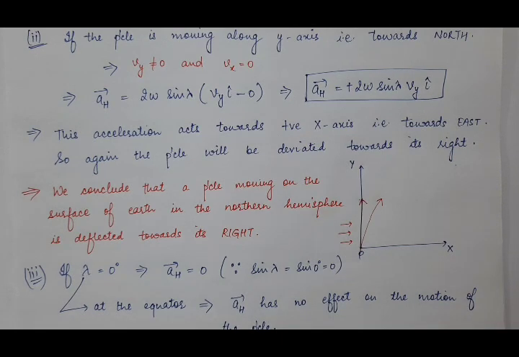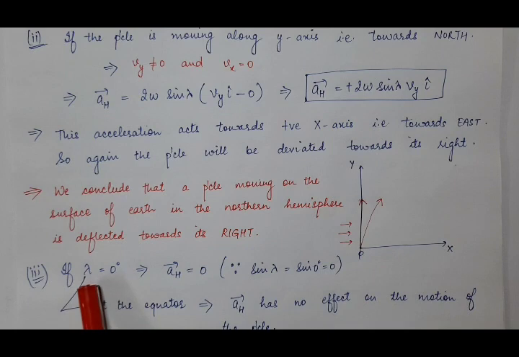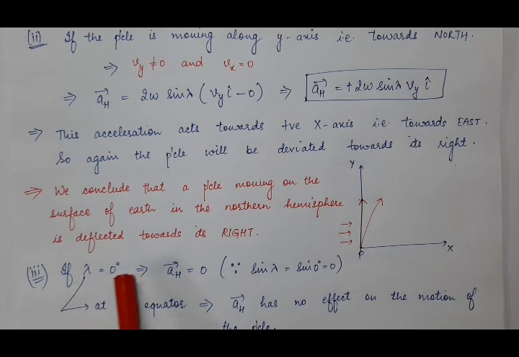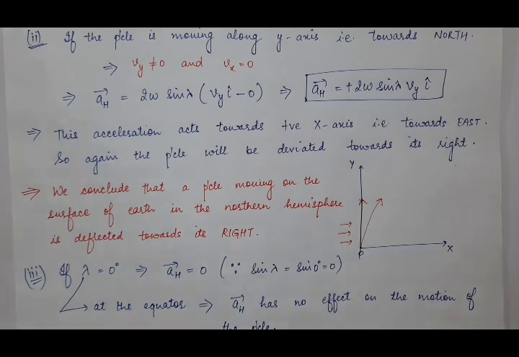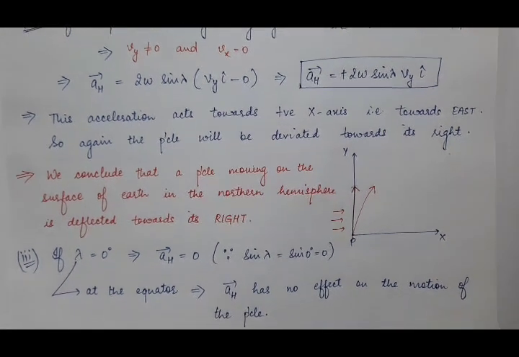Now the third case is if the particle is present on the equator. We know that on the equator the latitude angle lambda is 0 degrees. If lambda is 0, then sine 0 will be 0. It means the horizontal component of acceleration will be 0, and so the horizontal component of Coriolis force will be 0.